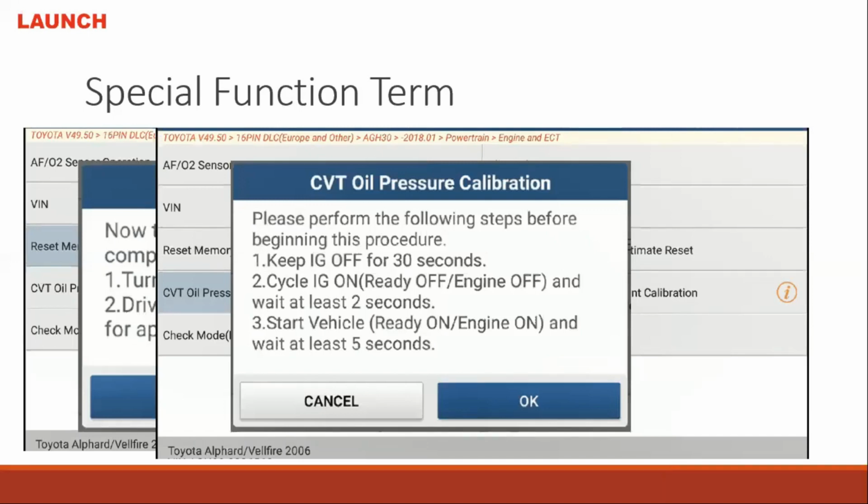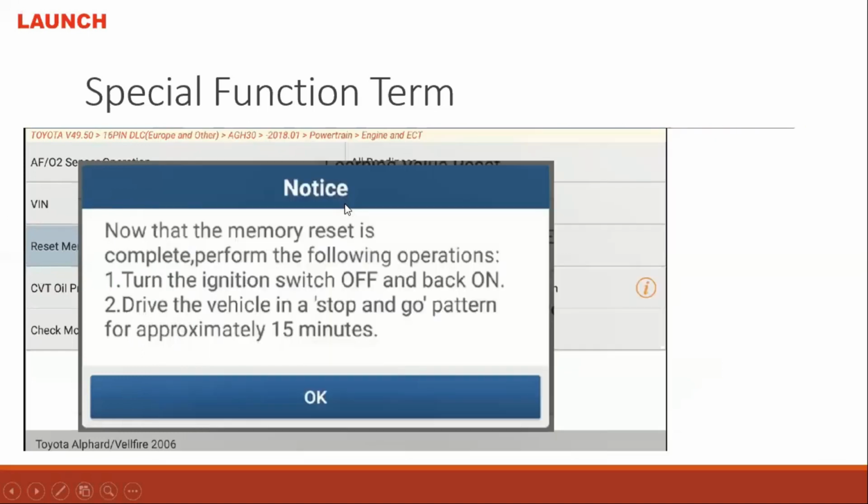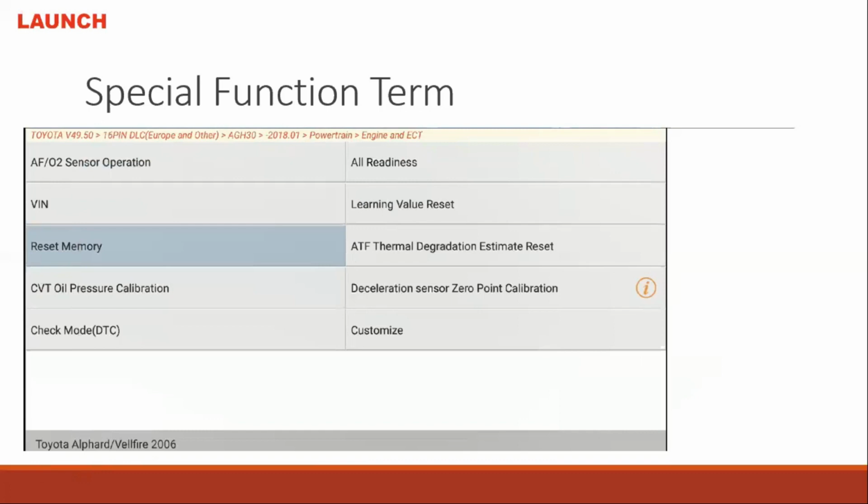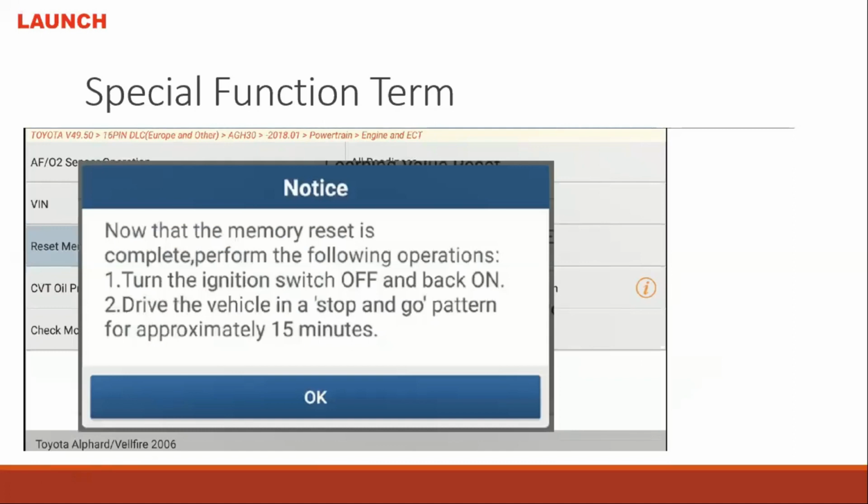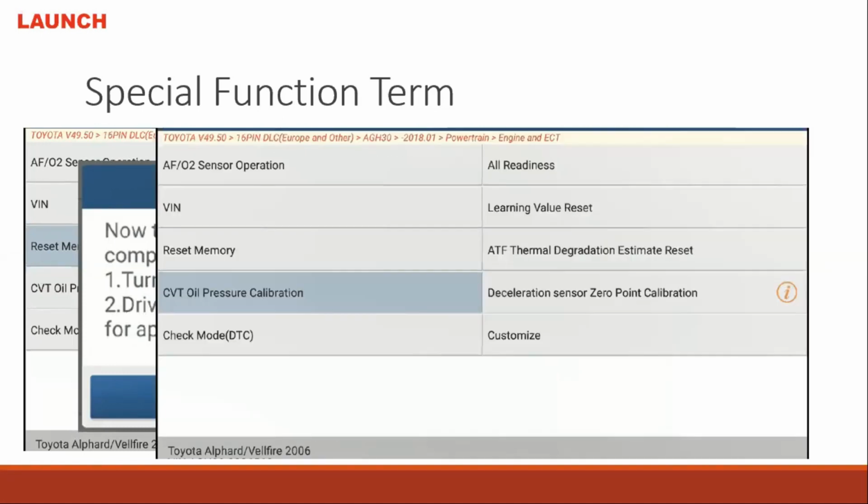Once you hit CVT oil pressure, you will see a notice that you need to do a memory reset, otherwise it will fail. Many people ignore this function. So you need to do the memory reset first, and after you do it, there's an instruction to turn off and on again. Make sure the progress has passed the memory reset.